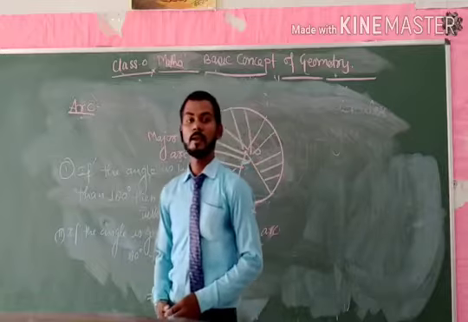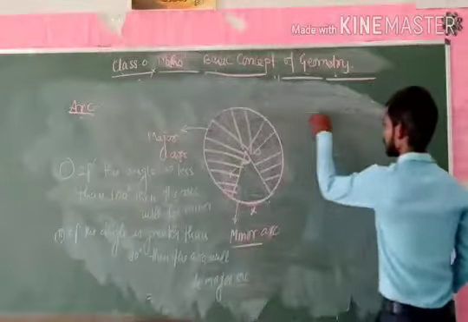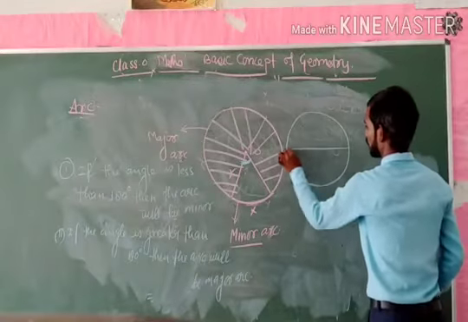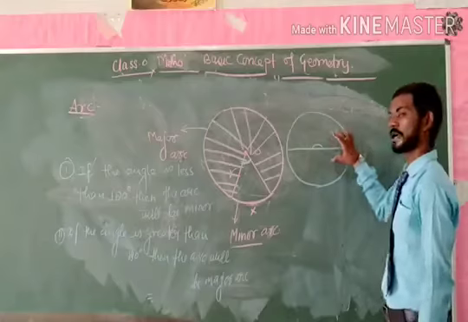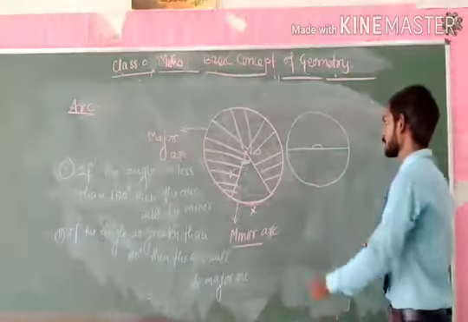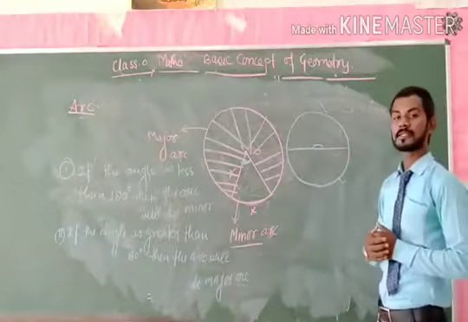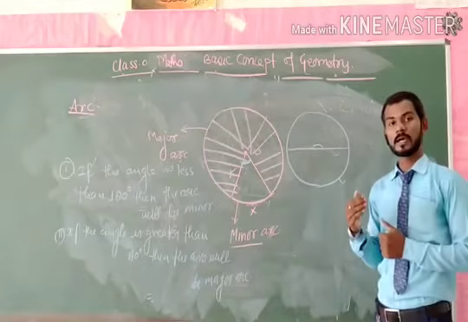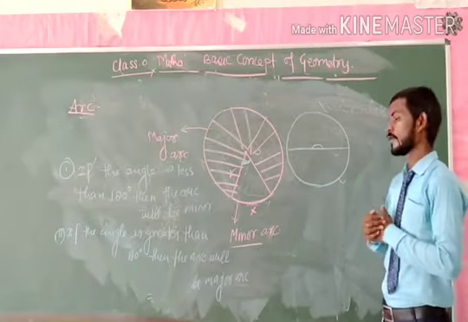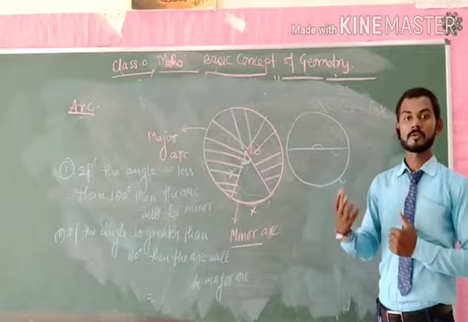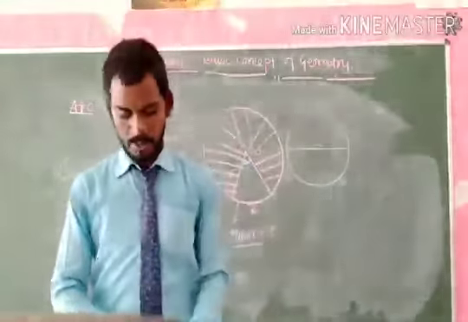And if the angle is equal to 180 degrees, here we can see that this is the angle of 180 degrees. Then the circle is divided into equal parts. That means both arcs are equal and they are semicircles. So when the angle is equal to 180 degrees, the arc is known as a semicircular arc. I hope the idea of arc is clear to everybody.